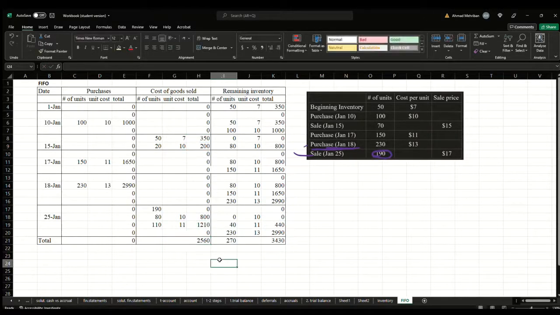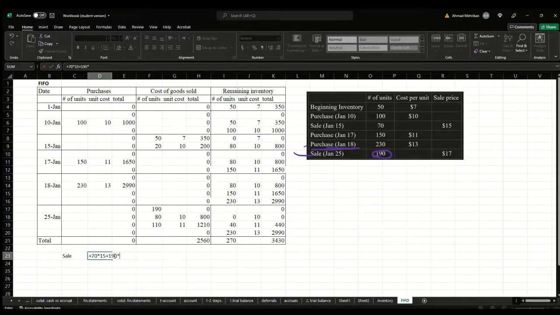This is it. This is how you calculate it. Now that we know the total cost of goods sold, I know my sales value, and sales is simple. Like I told you before, it's basically 70 multiplied by 15 plus 190 multiplied by 17.